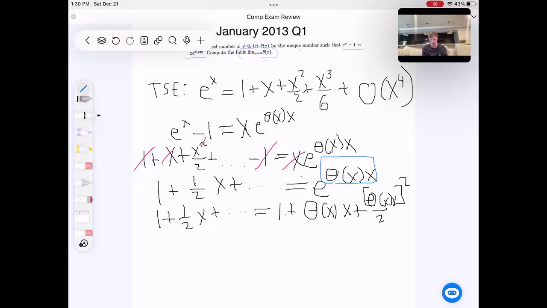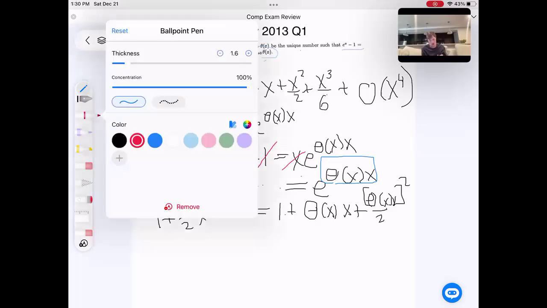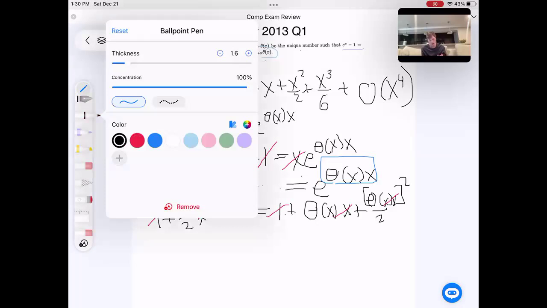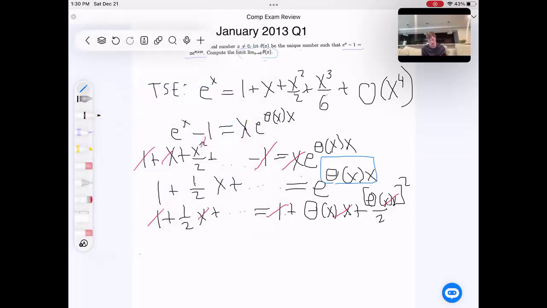And then we can get rid of a bunch of stuff. We can divide everything by x. We can also subtract those ones. So let me, in red, get rid of almost everything. One of those x's is going to go away. And essentially what this is going to leave us with is the following.